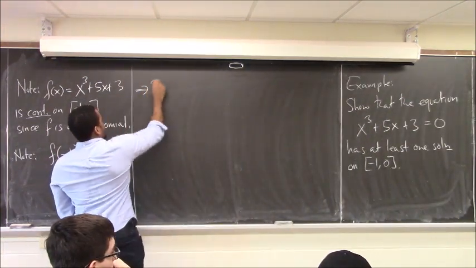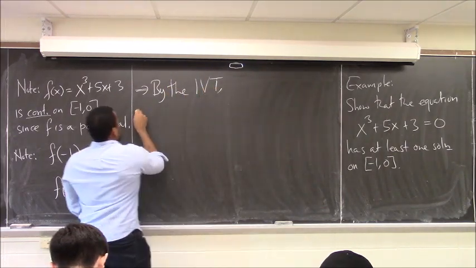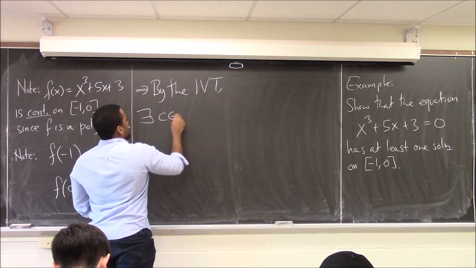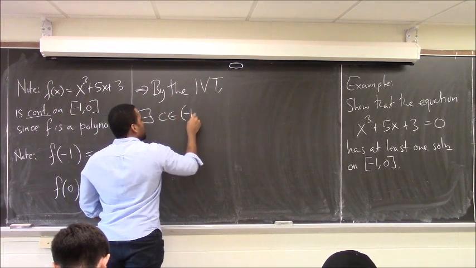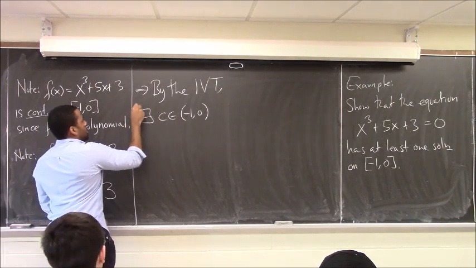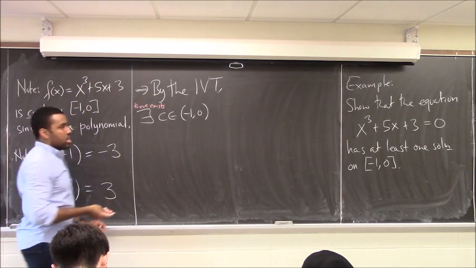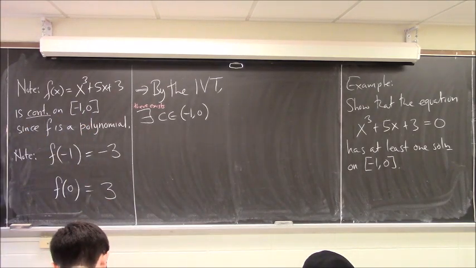So now you can say, by the intermediate value theorem, there exists some number c in the open interval. That backwards E is a symbol that means there exists, or there is at least one.